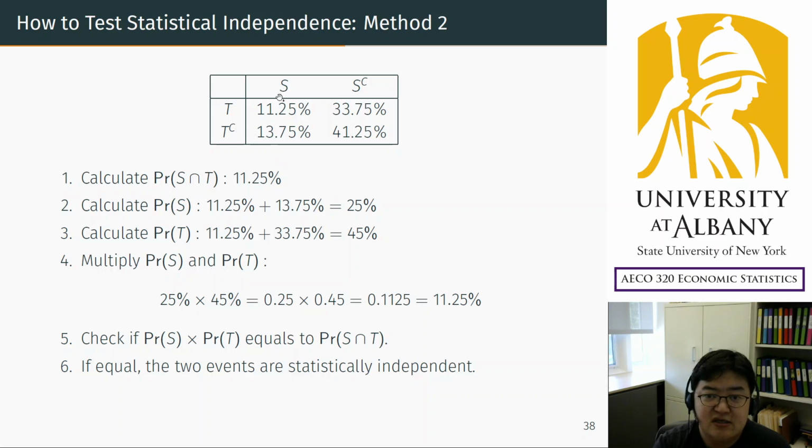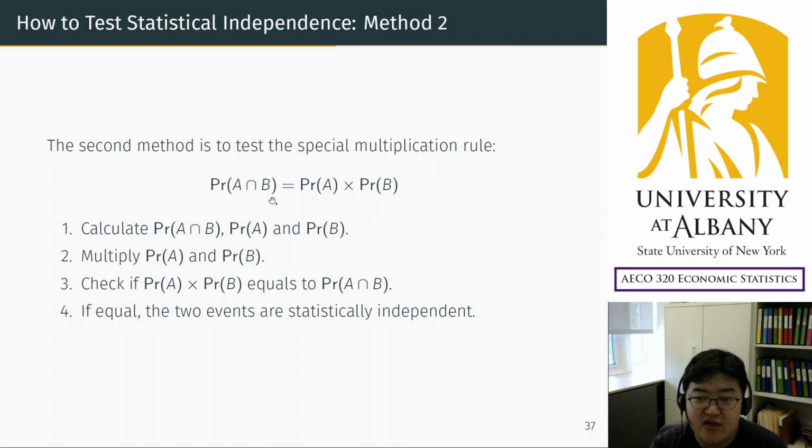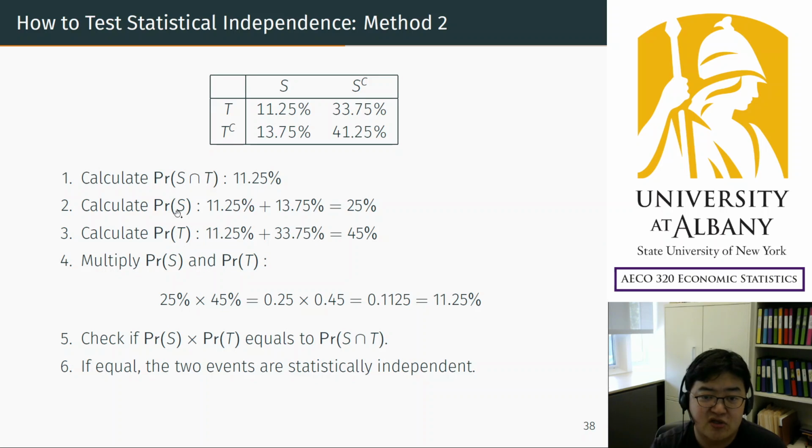S includes these two outcomes. T includes these two outcomes. So their probabilities are 25 and 45. So we obtained three probabilities. Now, to prove this equality, the right-hand side needs a multiplication. So multiply those unconditional probabilities. S times T is this.